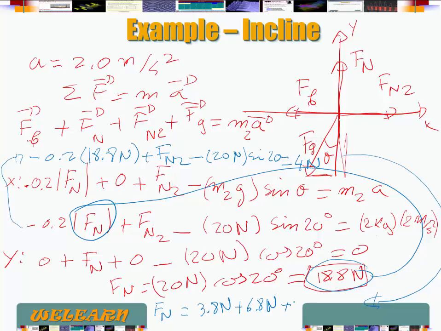And we have the 4 newtons that was there to begin with. So the sum of all of these is our, actually this is normal force 2, by the way. That's what's left. So this is the force that's exerted by M1 on M2, which is 14.6 newtons.